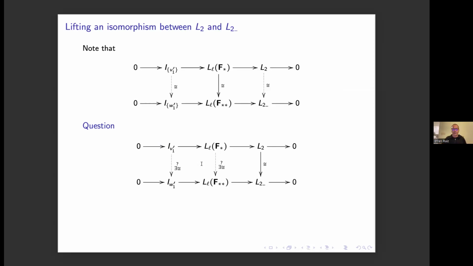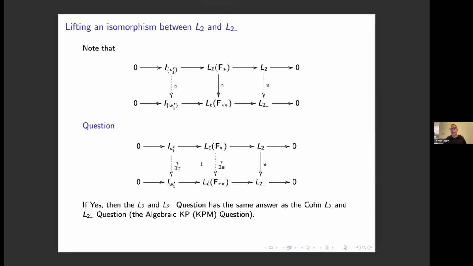And of course, if you do, then you get a positive answer to the cone L2 and L2 minus question, then you get a positive answer to the algebraic Kirchberg-Phillips question, and so on and so on. Okay, so this slide is relating the condition of these being isomorphic to the L2 and L2 minus question.